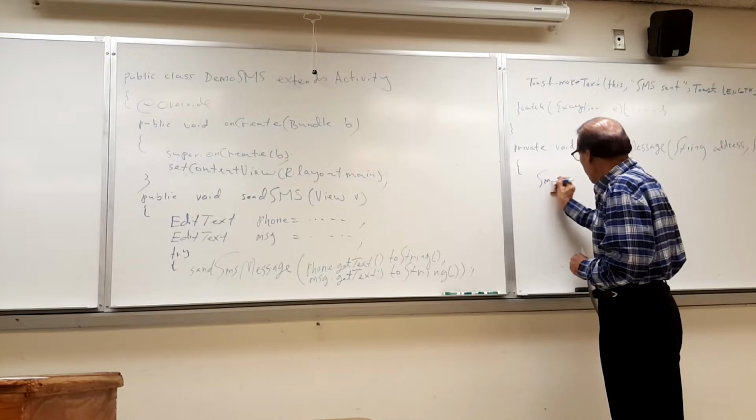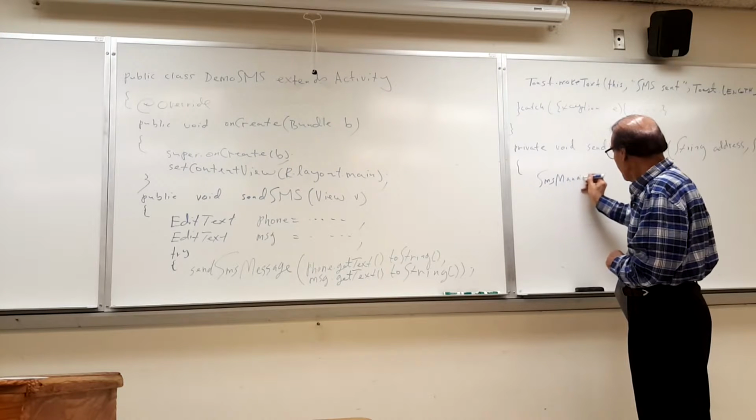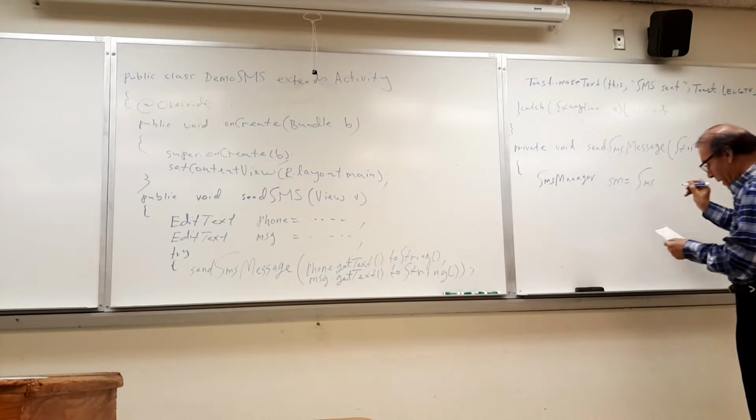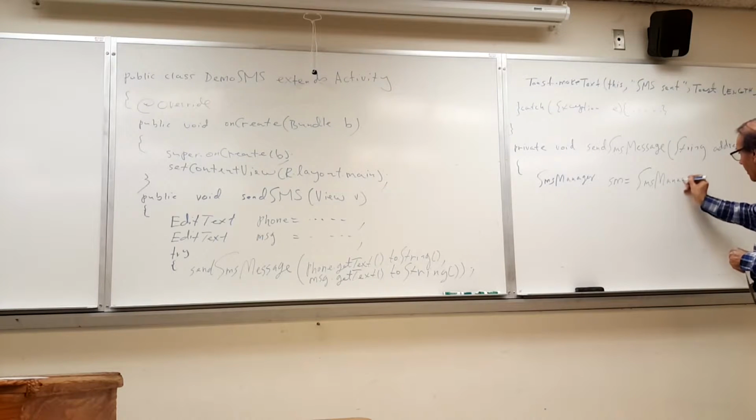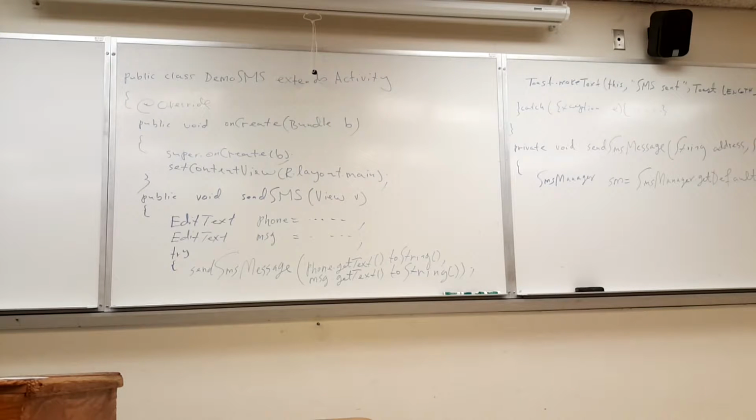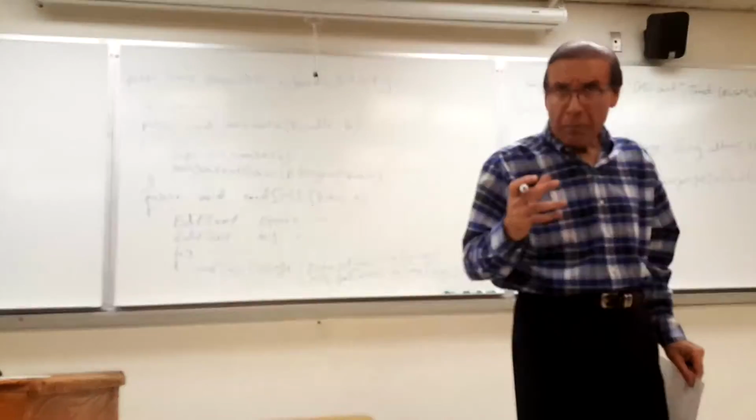SmsManager sm equals SmsManager.getDefault(). So getDefault is the factory method that is in charge of generating the object of the SmsManager. The object is created, so the next step is calling a well-known method of the SmsManager, called sendTextMessage. It is a kind of heavy method, so pay attention to it.